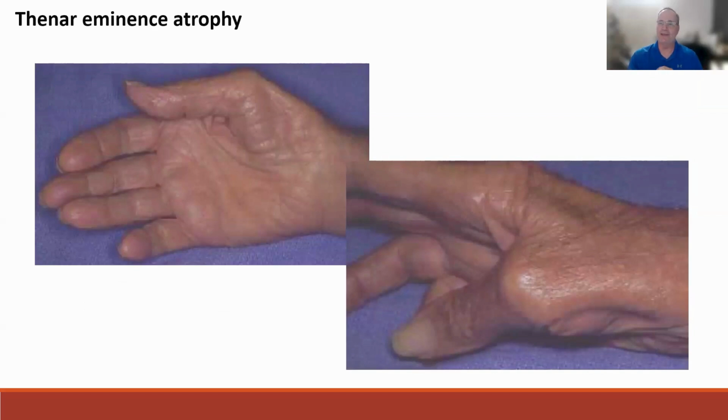So thenar eminence atrophy in this person, taken from a patient that had carpal tunnel syndrome, and they have this profound thenar eminence atrophy. I mean, you can see the outline of the bone right here, right? HBO, Heberden's and Bouchard's nodes for OA.